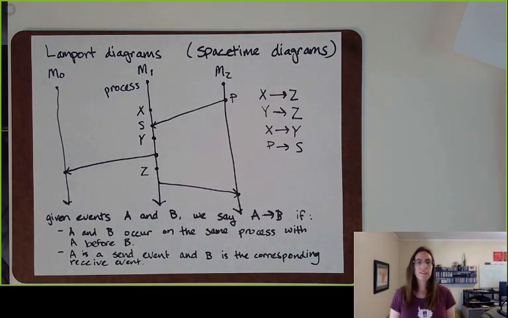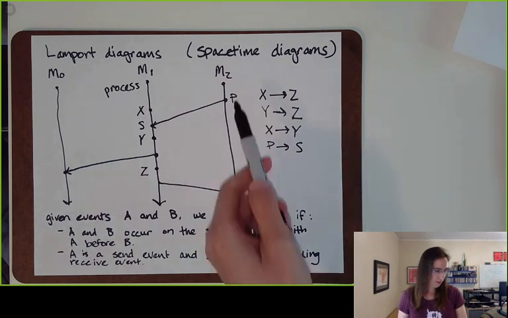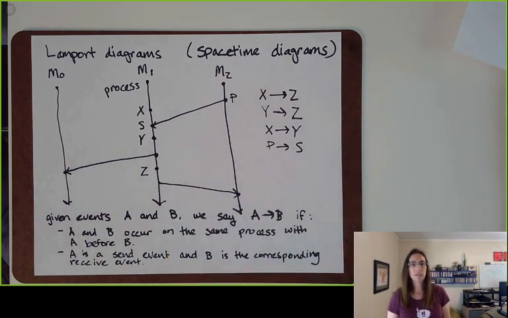There's one more part to this definition. Can anybody guess what it might be? I'll give you a hint. What if we want to talk about a happens before relationship between P and Z? Can we do that? Transitivity, good.